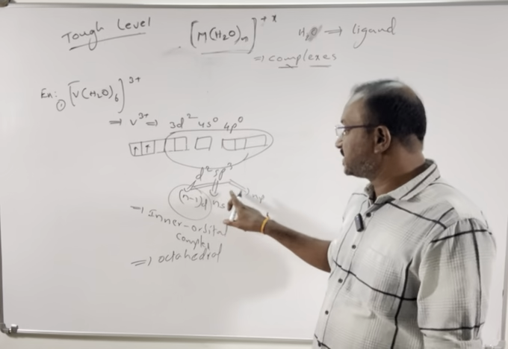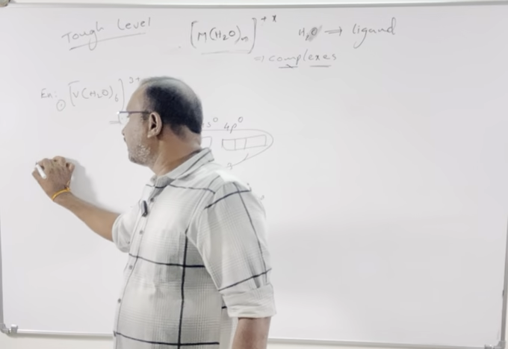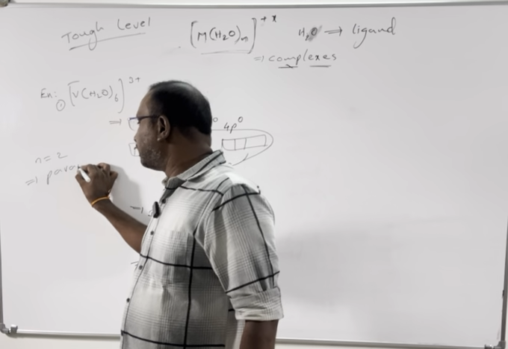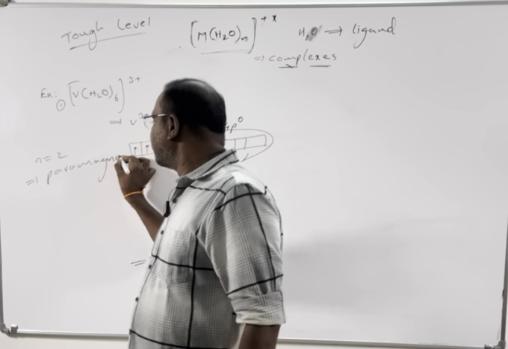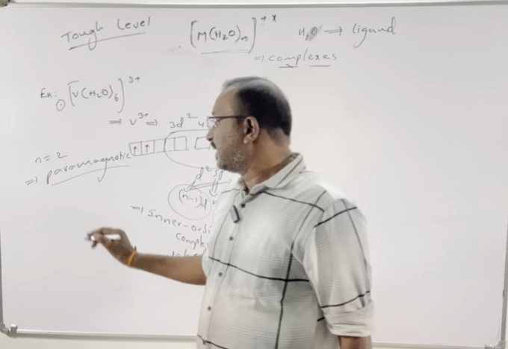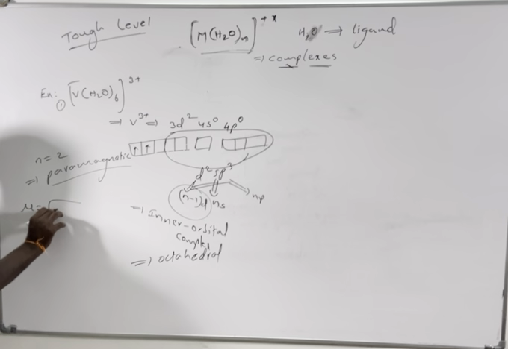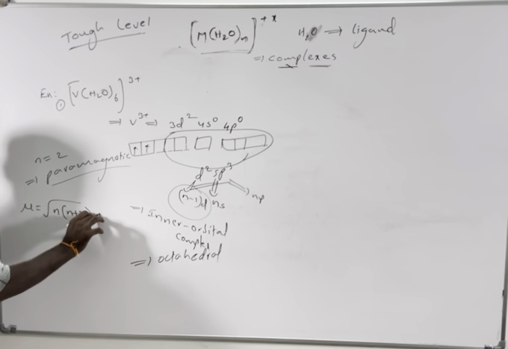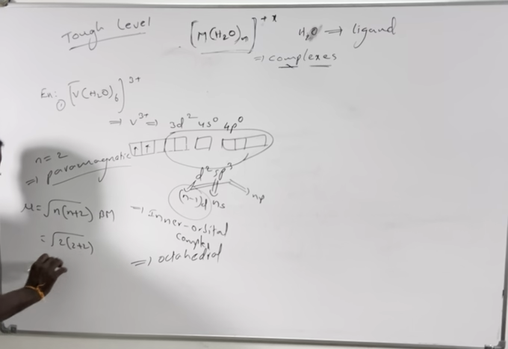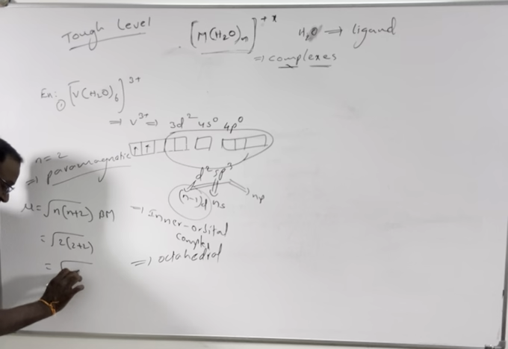Here the hybridization is d2sp3, the shape is octahedral, and we have 2 unpaired electrons, so it is a paramagnetic compound. The magnetic moment is mu equal to root over n(n+2) Bohr magnetons, so that is root over 2 into (2+2), which is root 8.